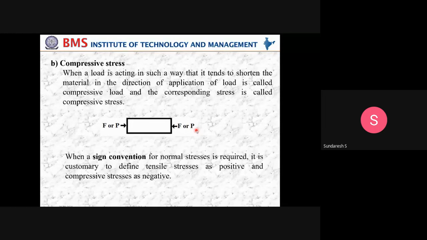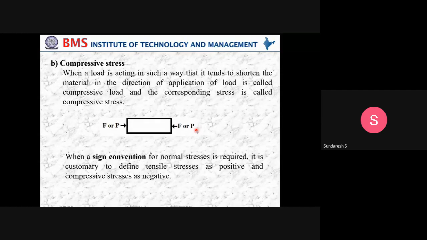The member shortens in its length. When the length decreases, to compensate for the volume change, its lateral dimension should increase. So this is totally the converse of the effect of a tensile loading.